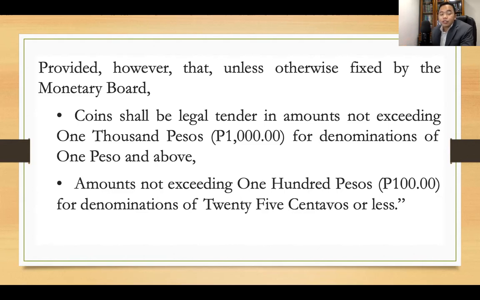So under Central Bank Circular 537, if you're going to use coins as payment, 1 peso and above, meaning 1 peso, 5 peso, 10 peso coins, it is only valid up to 1,000 pesos. Amounts not exceeding 100 pesos for denominations of 25 centavos or less. Okay.